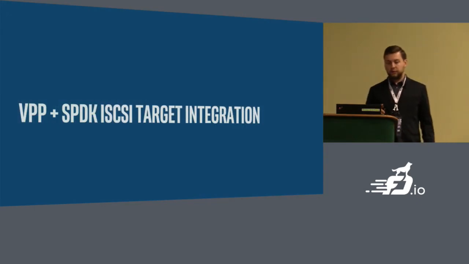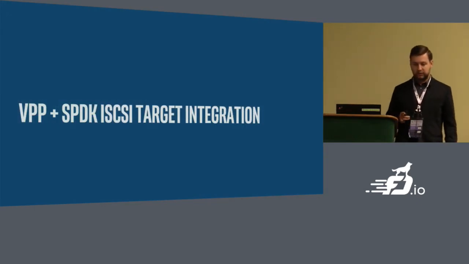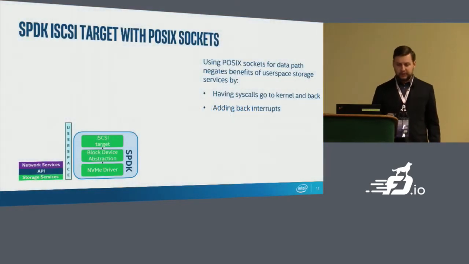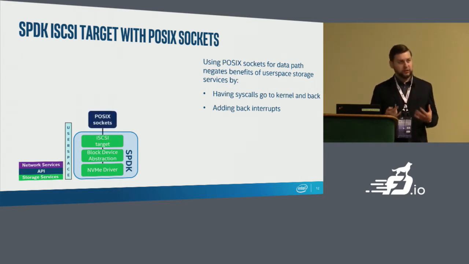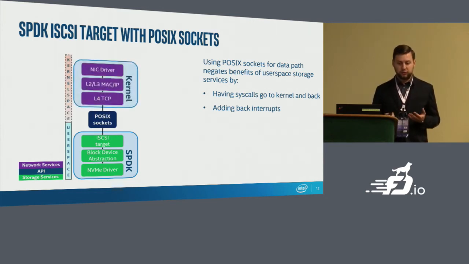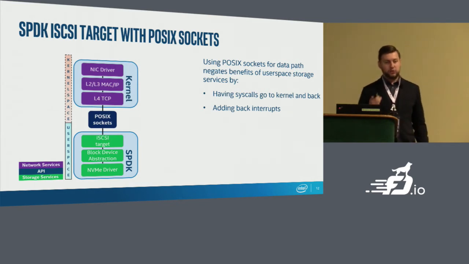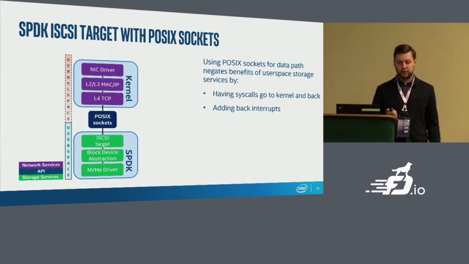So, VPP and iSCSI target integration. Using POSIX sockets for data actually partially negates the benefits of having SPDK be wholly in user space, because as soon as you reach that point, you need to interact with the kernel.